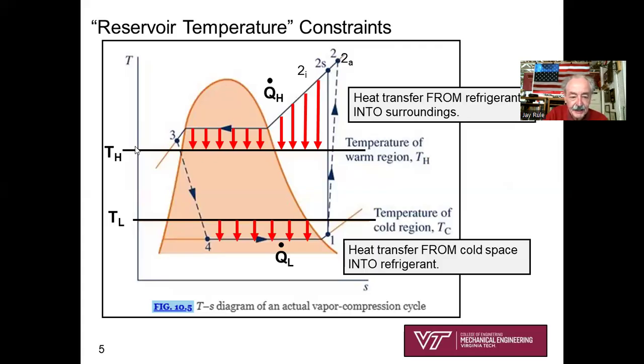So do you see that TH has got to be somewhat below T3. You can see that at the inlet of the condenser, the compressor outlet, you've got a lot of irreversible heat transfer going on. Look at that, delta T is pretty high here.